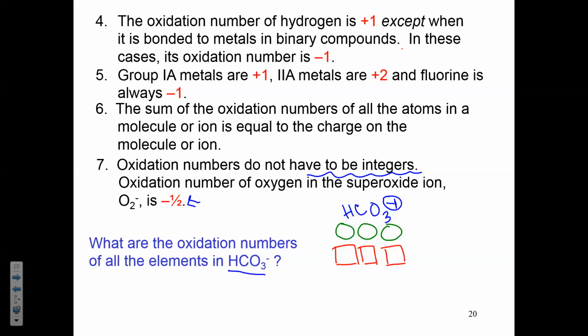In my squares, I want you to write your charges for your oxidation numbers.